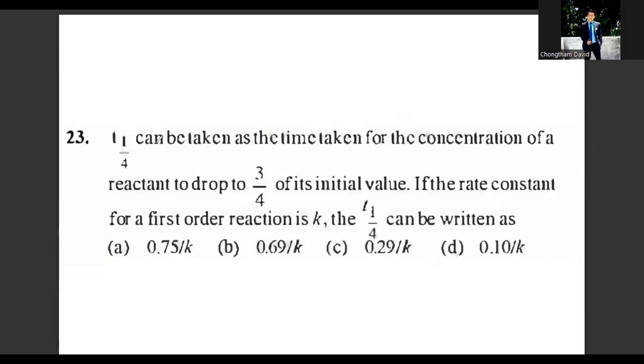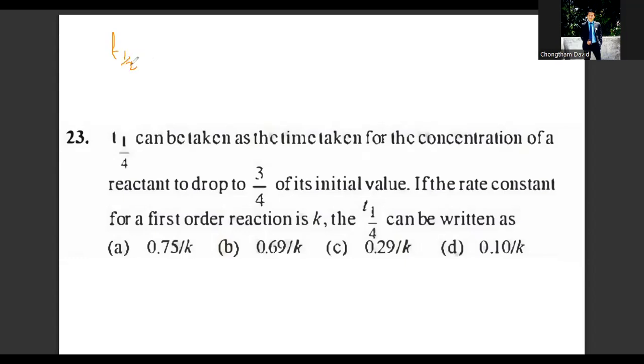The 1 by 4th life can be taken as the time for the concentration of a reactant to drop to 3 by 4th of its initial value. If the rate constant for the first order reaction is K, how would you write the quarter life?